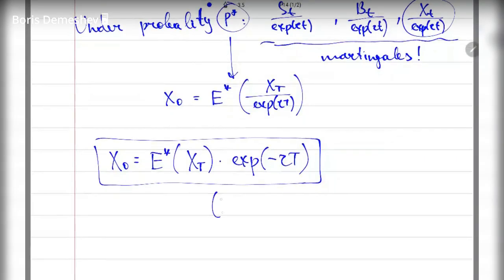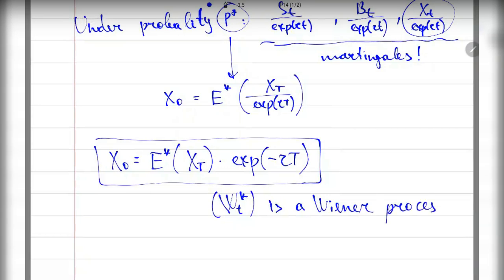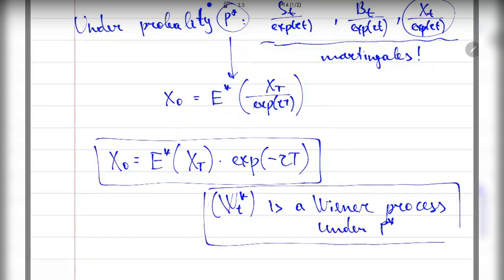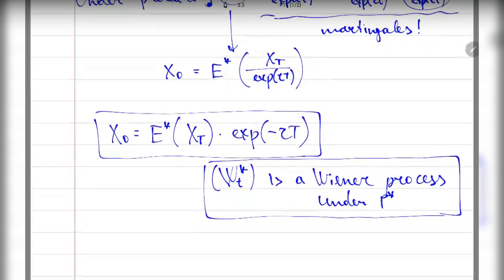We say that Wt star is a Wiener process under P star, and that's enough to calculate this expected value. This is all we need to know to calculate this expected value.